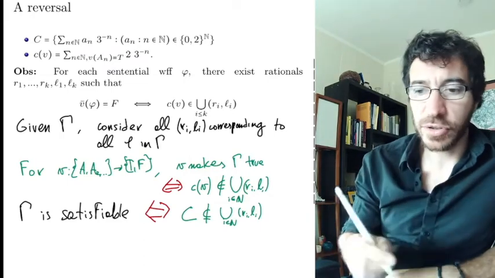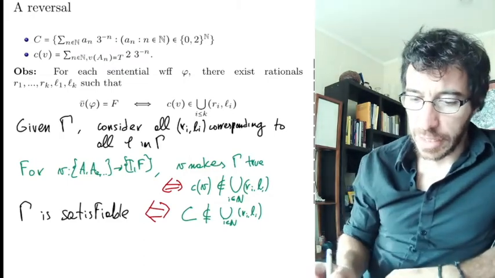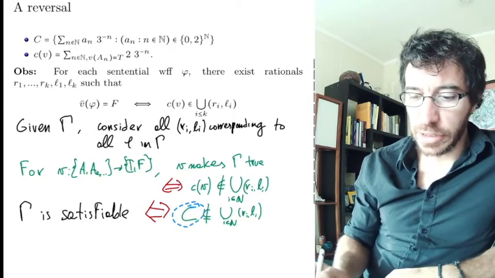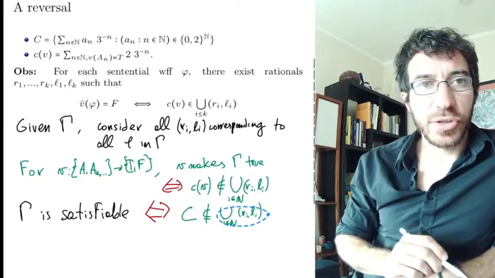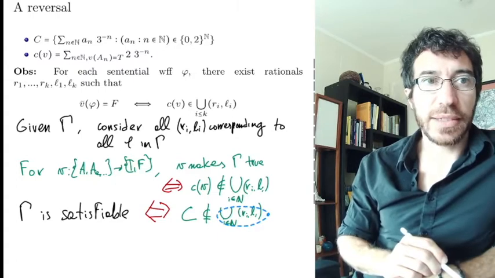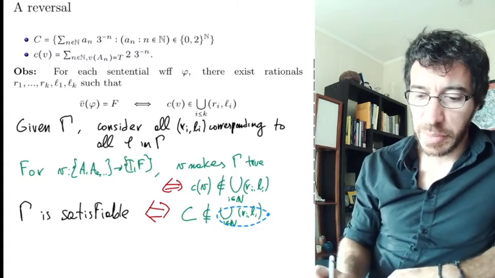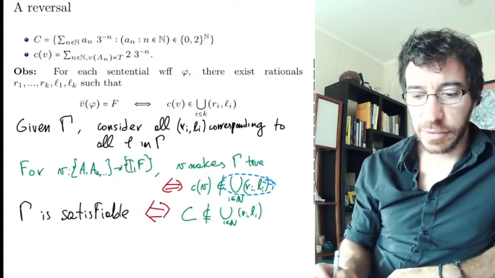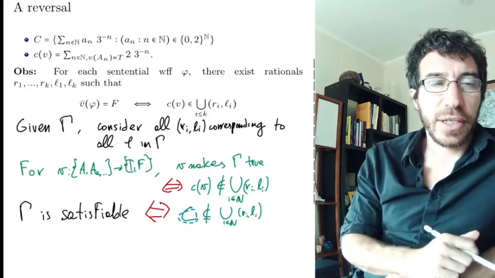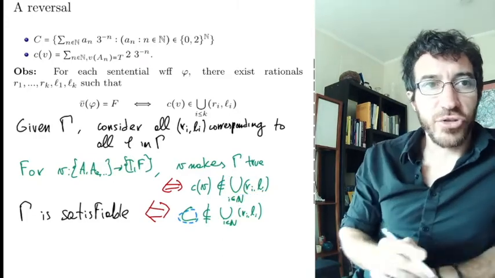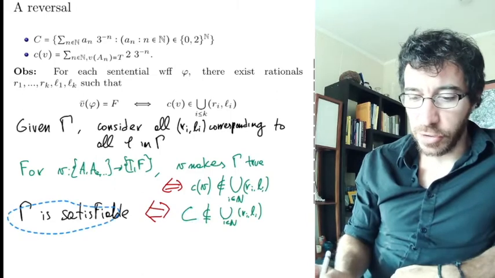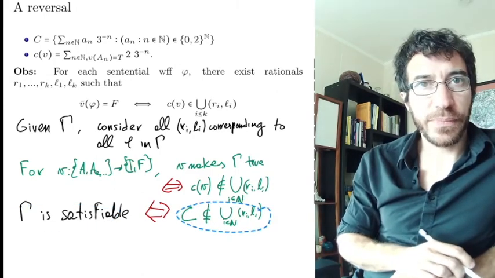There exists an evaluation that makes it true. That means there exists a point that belongs to the Cantor set, because that's where we assign the evaluations, but doesn't belong to these intervals. So satisfiable means that it's not covered, right?